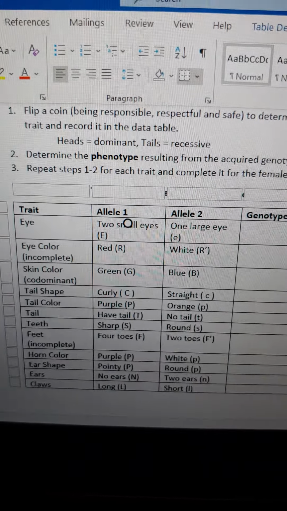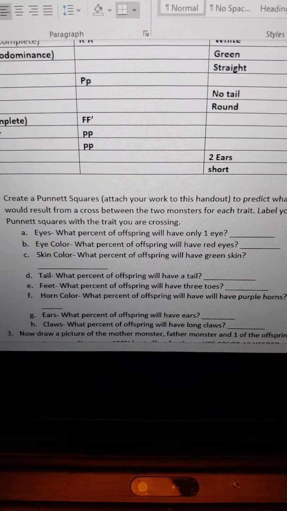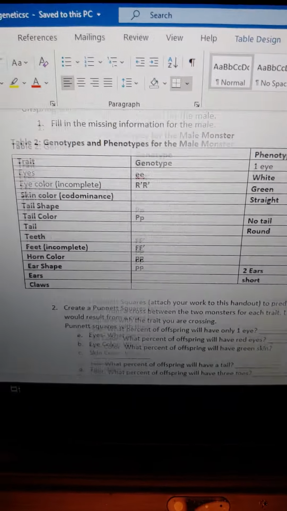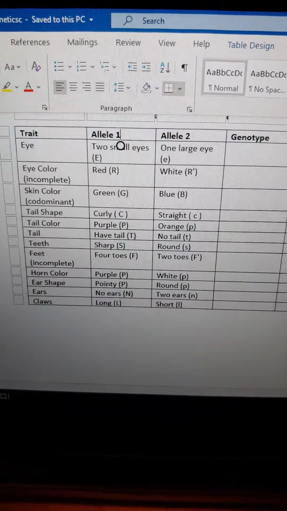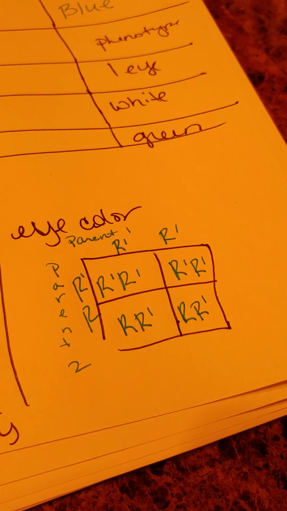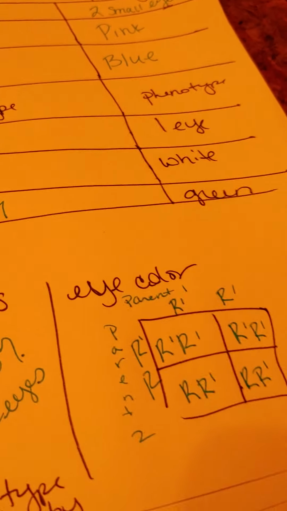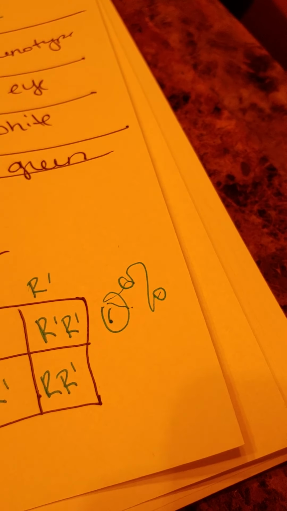The question asks, what percent will have red eyes? This really would have been easier if I had a hard copy. If we look back up, the only way you can have red eyes is if it's 2 capital R's. All of those boxes have a recessive trait, so for this particular one, 0%.